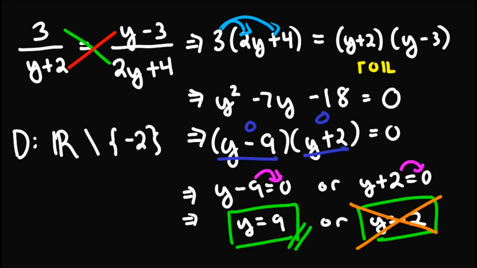And that is the importance of the domain in solving rational equations. It's useful to cross out the solutions that are not supposed to be part of our final answer.